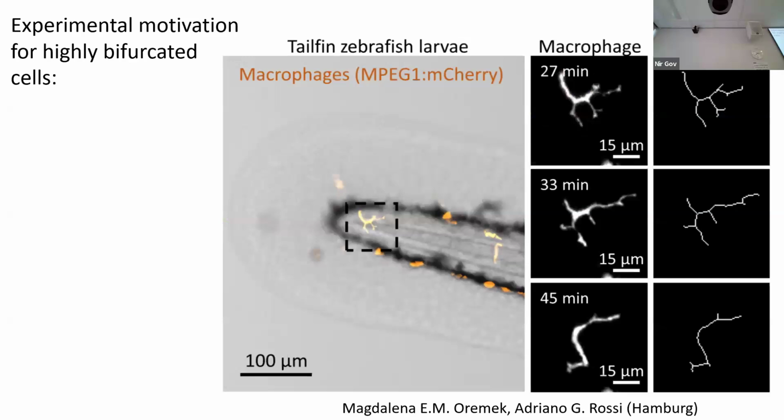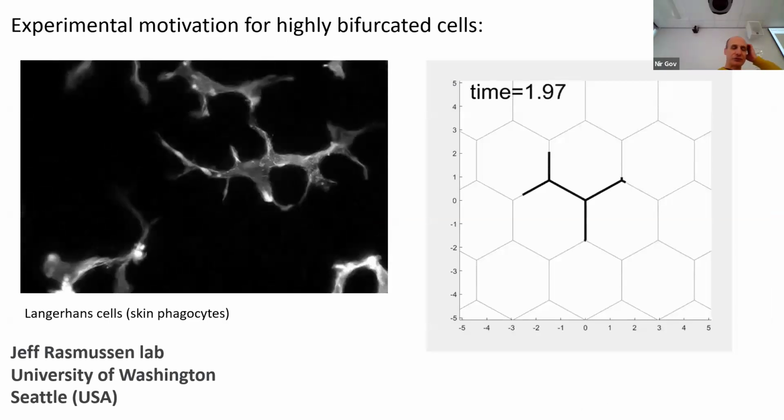You can see that, for example, in this image taken in vivo from the tail of a zebrafish larva. And this is, again, immune cells, which you see are highly bifurcated. That's the images. And that's a skeleton version of these images. And you can see them even in the fluorescence moving inside the tissue. Here I show you another example.